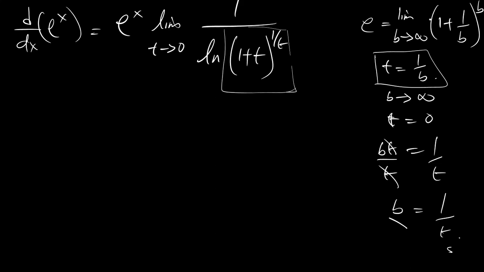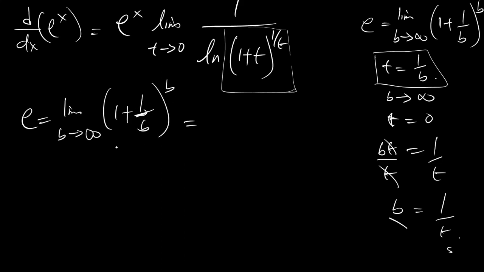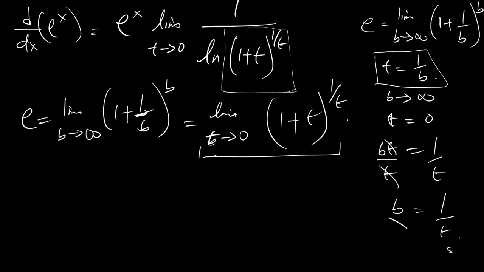So now look at this. e is equal to the limit of b tending to infinity of (1 + 1 all over b) raised to the power b, which is the same as the limit when t tends to 0 of (1 + t), where b is 1 all over t, so raised to the power 1 all over t. If you look at this, it looks exactly the same as this.